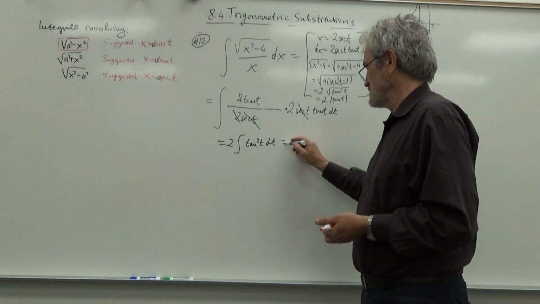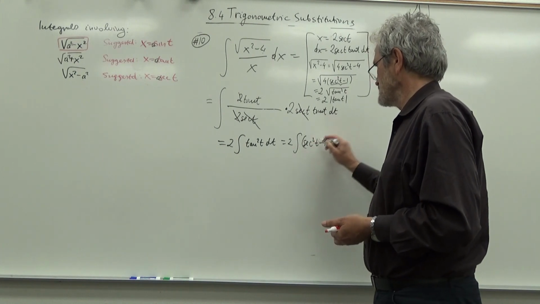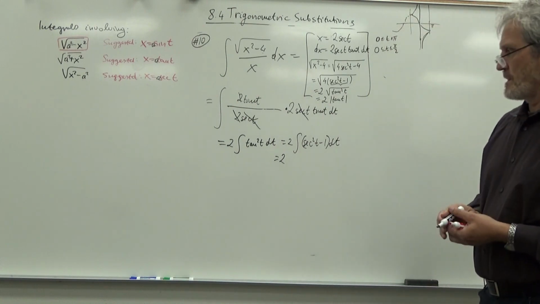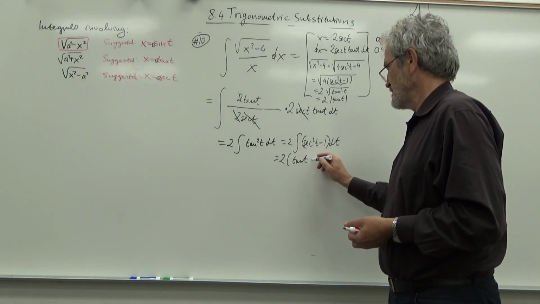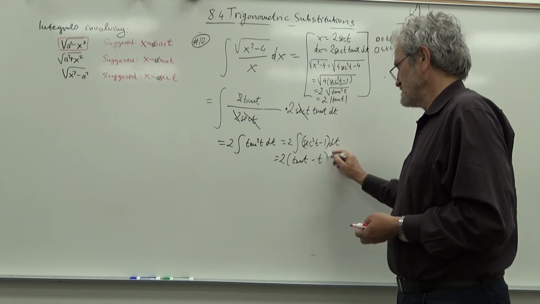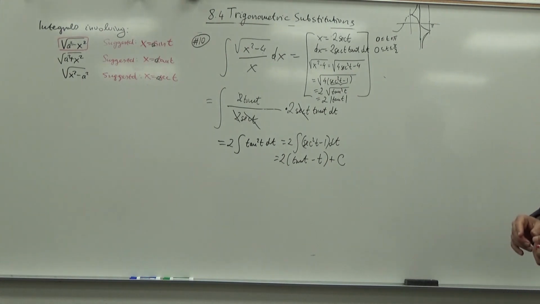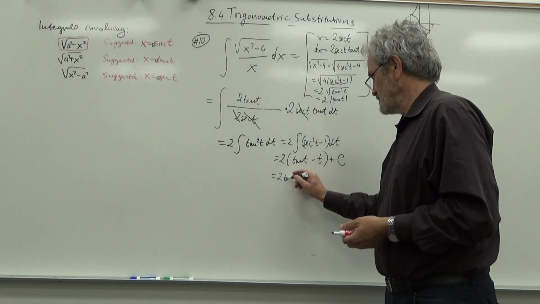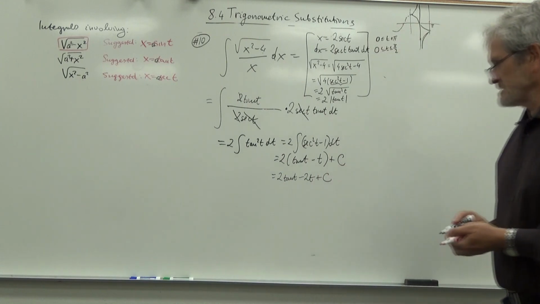We can say that tan squared t is just secant squared t minus 1 dt, which would be the integral of secant squared t, which is just tan t, and the integral of 1 dt is t, plus c. So I can distribute. It will be 2 tan t minus 2t plus c.